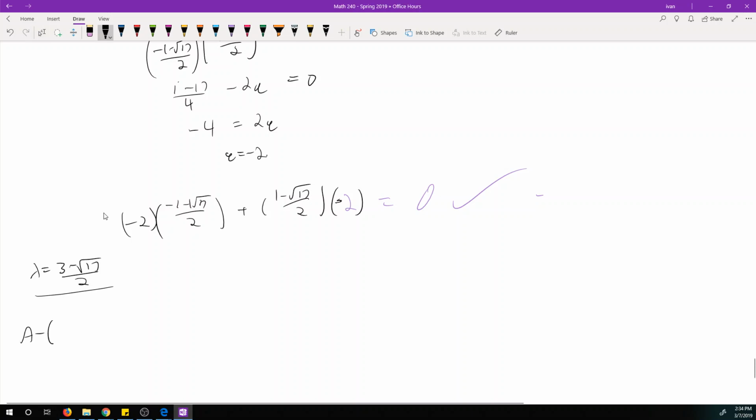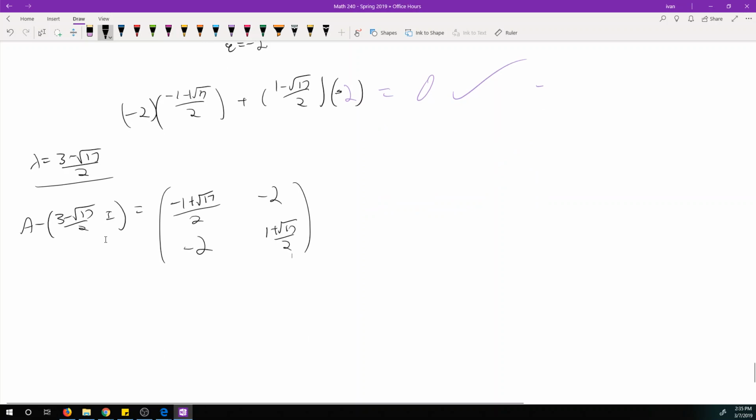So now A minus lambda I is the following. So this was a 1 minus, so the negative 1 plus root 17 over 2, and then negative 2, and then this is 2 minus that, so this is (1 plus root 17)/2. And same idea, so let v2 have (1 minus root 17)/2 on top, and then we'll let this be something on the bottom.